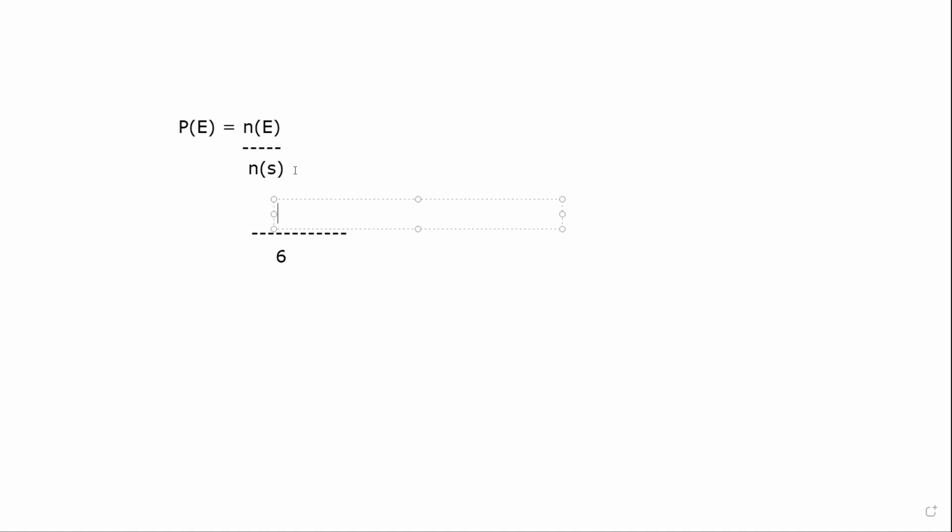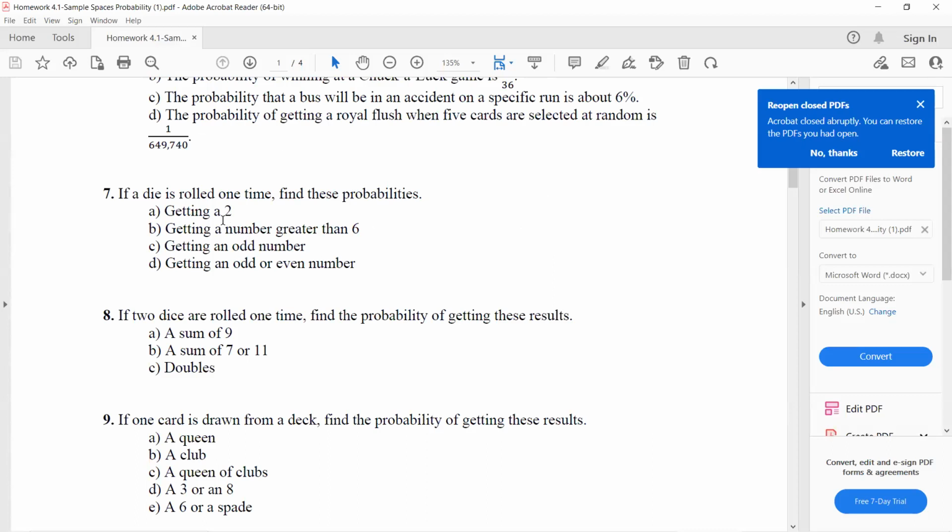Okay, be careful. That's a common mistake here. The question says getting a 2, getting a 2. So a 2 is actually 1 outcome. It means that we're rolling the number 2.